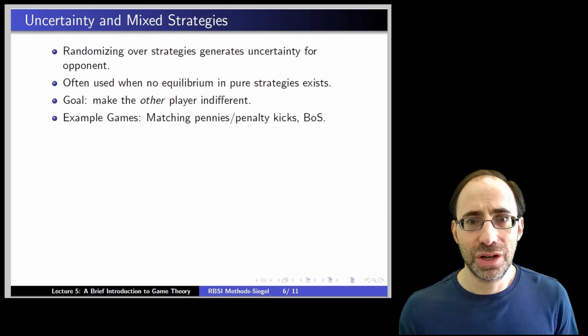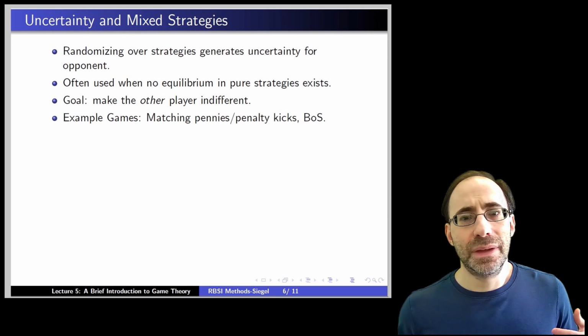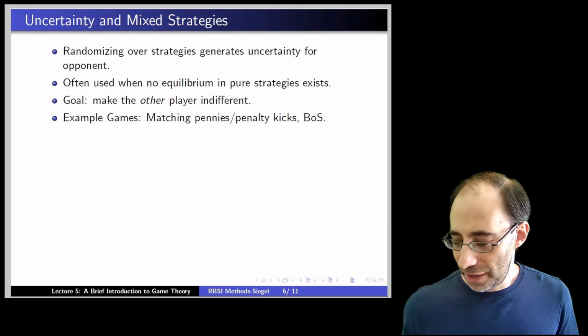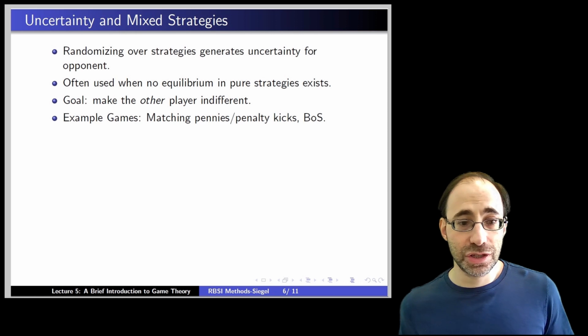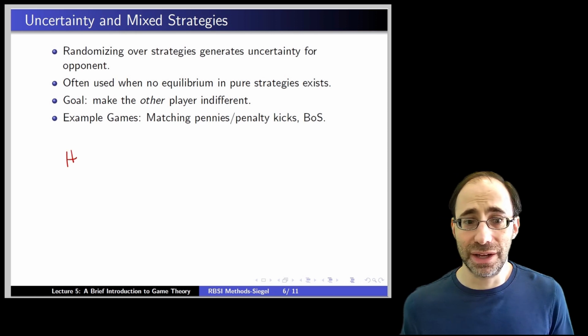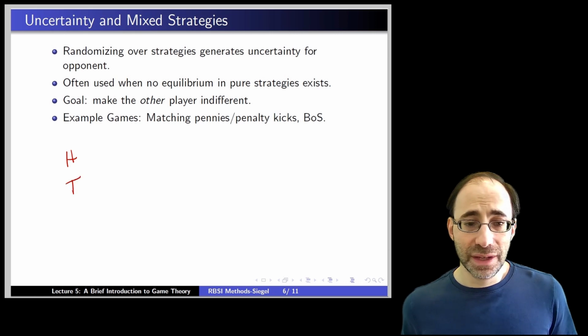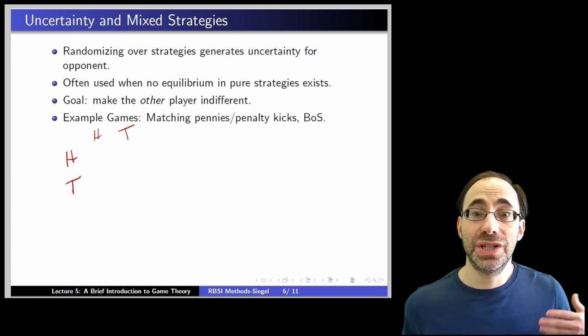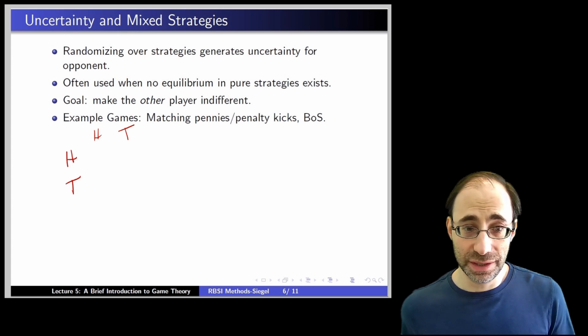Here's an example that's commonly used called matching pennies. It's also a very similar example to soccer penalty kicks. It looks kind of like this. You have a game, let's say heads and tails, we use pennies, but you can think of right or left in terms of blocking a goal. The idea is that you have two players, and player 1 wants to do the same thing that player 2 does.